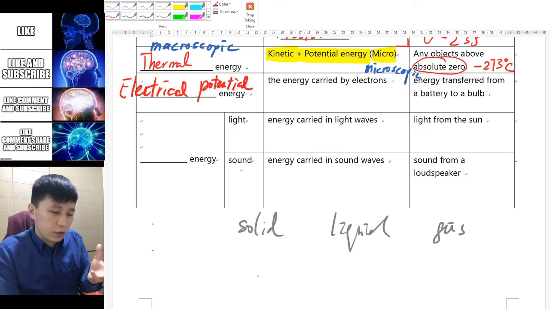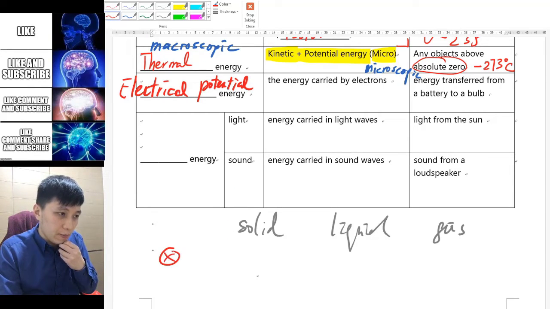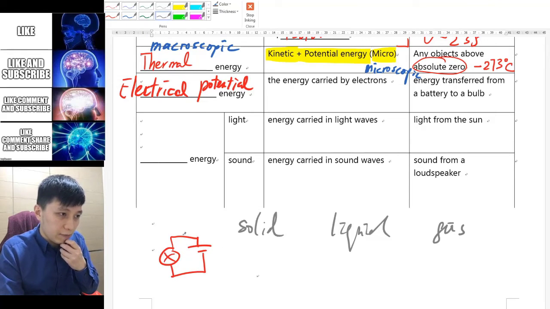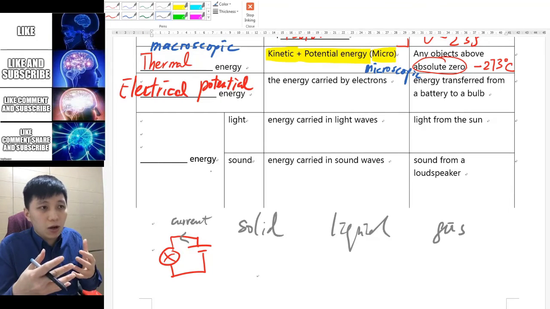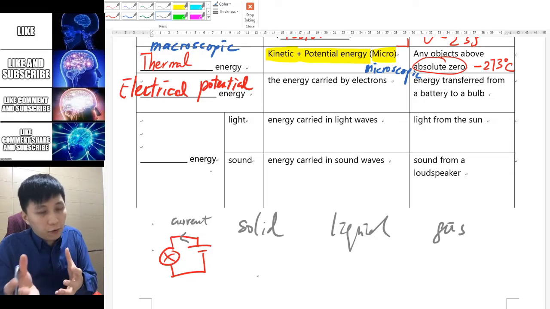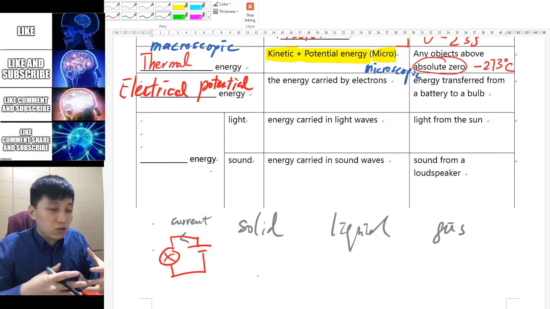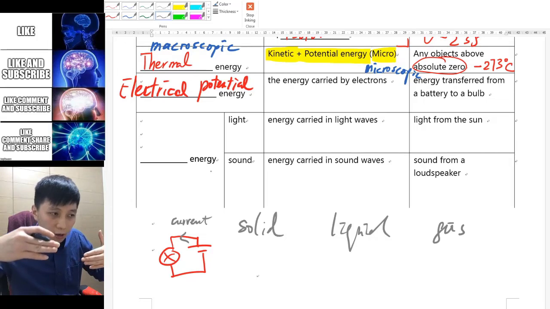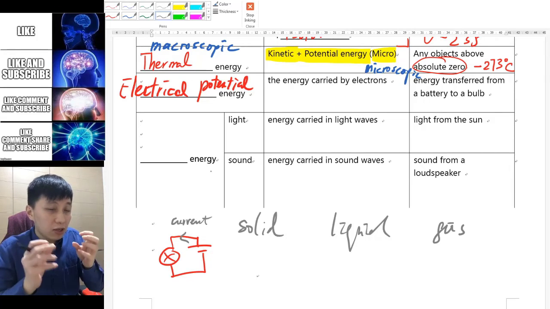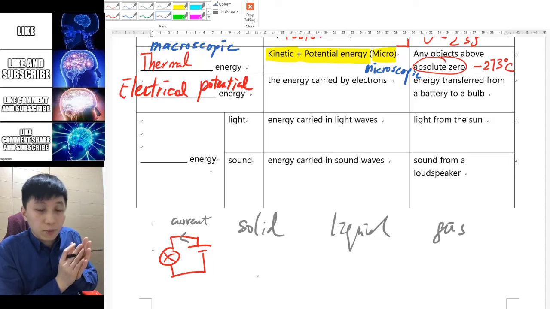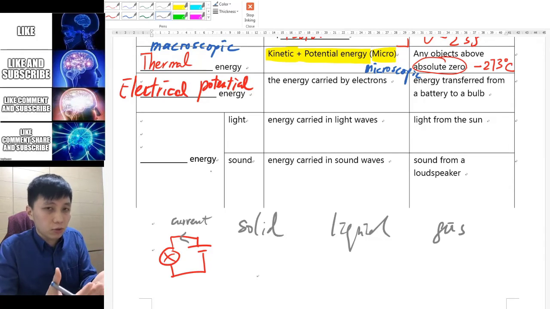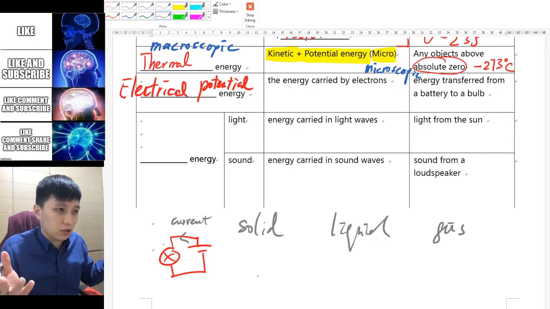When you build a circuit, something you probably learned earlier in maybe primary, this is a basic circuit, and then you have the current coming out, but the current itself is not expressing or transforming that energy into something else. It's just simply moving across the wire, but those energy are stored as electrical potential energy. They have the potential to be released, and when they meet maybe the light bulb, it will be transformed into light energy, for example.